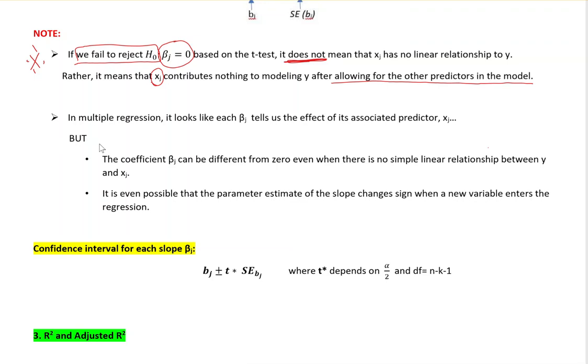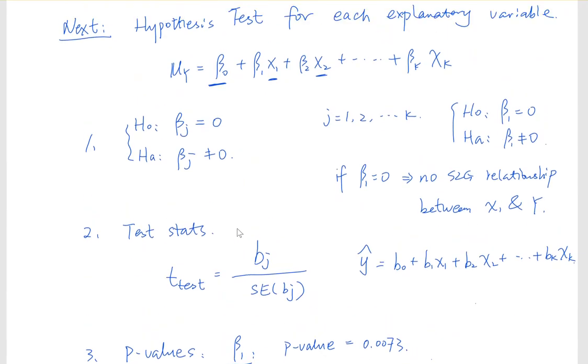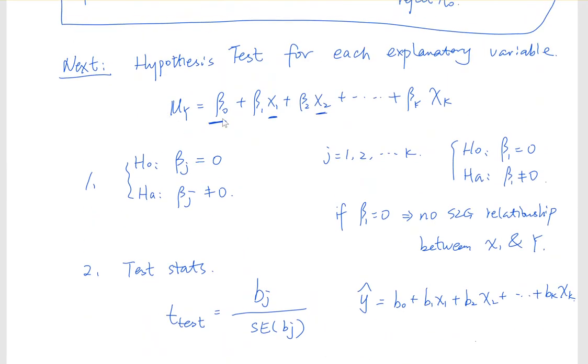But there are two things you need to be careful about. The first is that the coefficient beta j can be different from 0 even when there's no simple linear relationship between y and xj. What does that mean? We have the model mu of y equals beta 0 plus beta 1 x1 plus beta 2 x2 up to beta k xk.